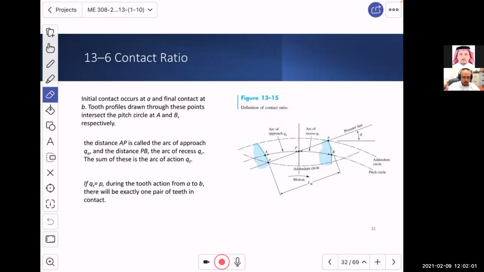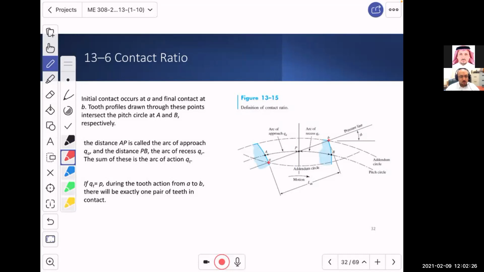Just to remind you, if we focus on a contact point between two teeth, one pair, and let's say that point started at A, as the two teeth are moving together, the final contact will be at point B.